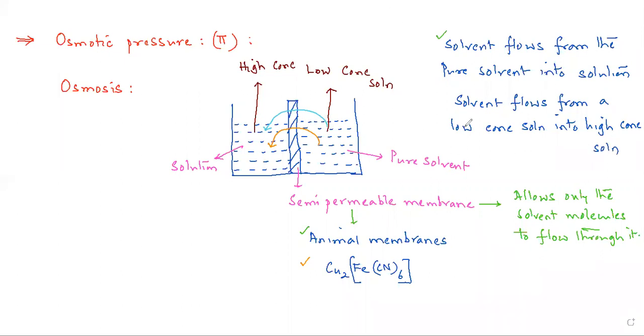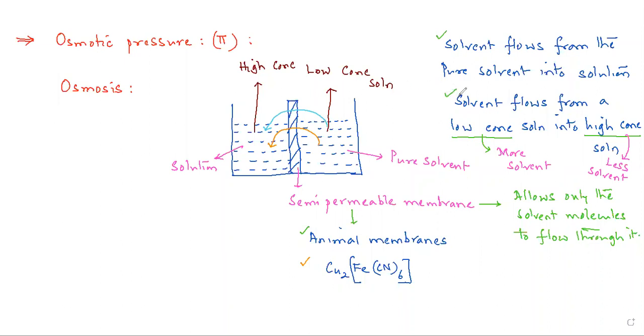A low concentrated one is nothing but the one that has more solvent. This will have more solvent, whereas the high concentrated one will have less solvent. So again, it is from something which has more solvent into the one which has less solvent, right? So osmosis can be defined in two different ways.